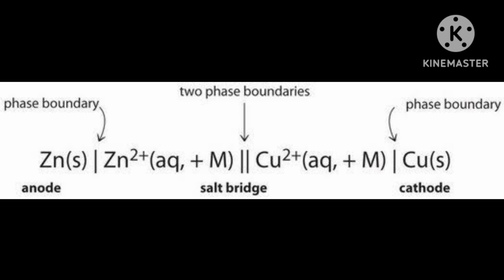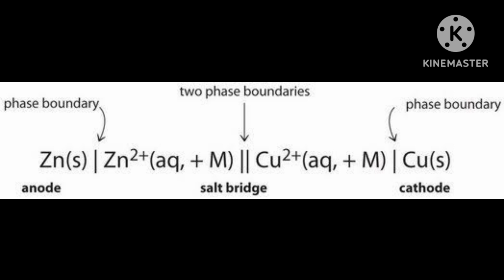Now you know the E cell value and the Zn value. ER minus EL means copper you take on the right side, minus the left side, that was the Zn.